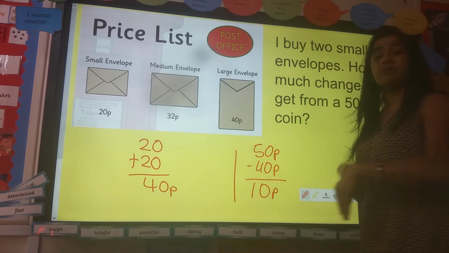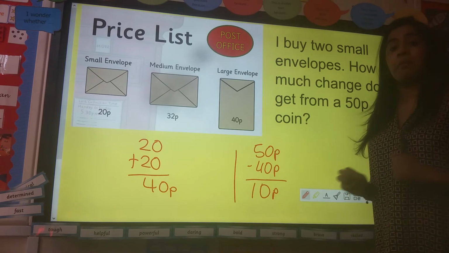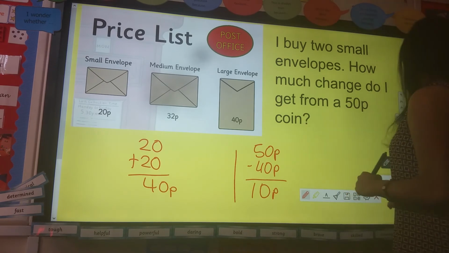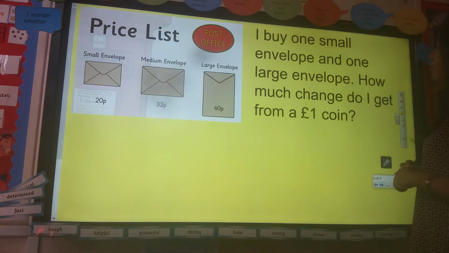And remember, in between, make sure you pause your video so you've got time to work out each step by yourself. Well done. Let's move on to the next question. So, I buy one small envelope and one large envelope. How much change do I get from a £1 coin? Okay, so I want you now to calculate how much a small envelope and how much a large envelope costs all together.